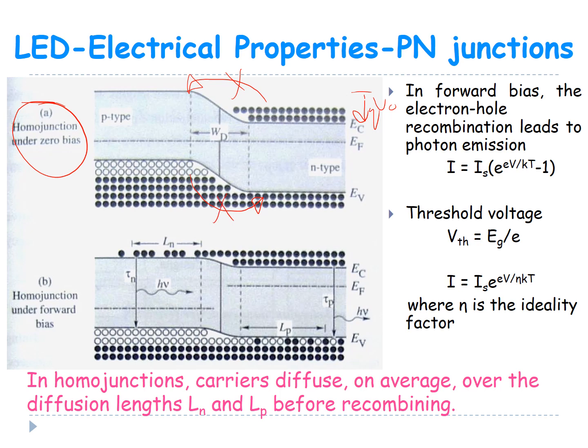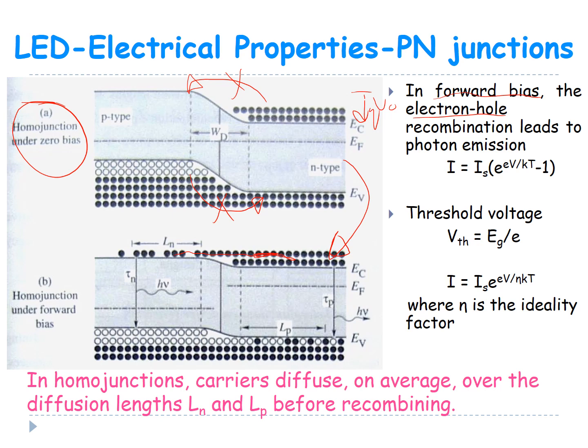But now in forward bias, the electron-hole recombination is initiated. Remember, under forward bias, as you can see here, you lower the barrier. So some electrons higher up in the energy levels above the conduction band can now diffuse to the P side, and holes can diffuse to the N side.